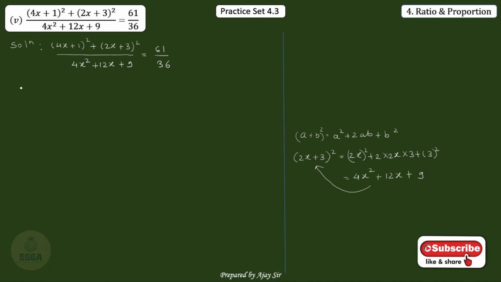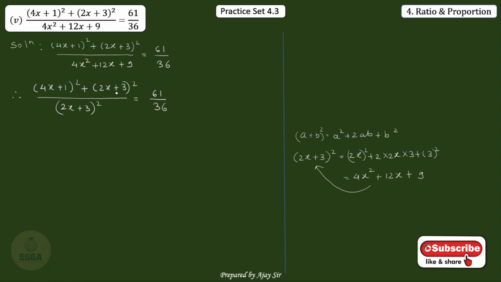So therefore, the numerator is (4x+1)² + (2x+3)², divided by this full term, that is (2x+3)², is equal to 61/36.